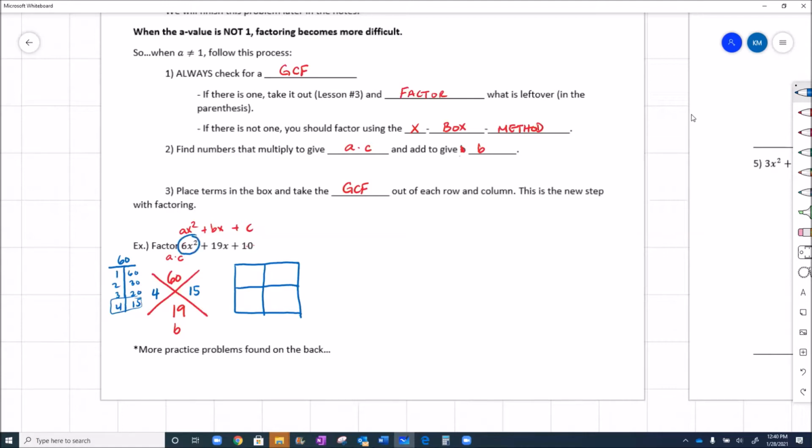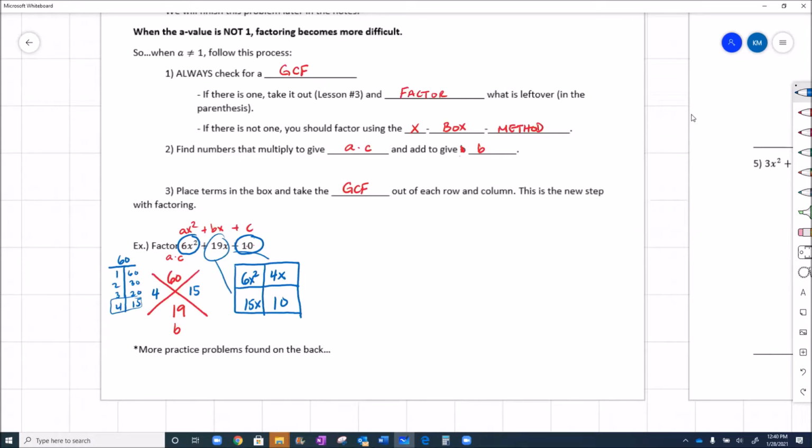We go first term, first box, last term, last box. In the middle here, we have 4x and 15x. And what this was is really a splitting of this middle term into these two terms, these two boxes.